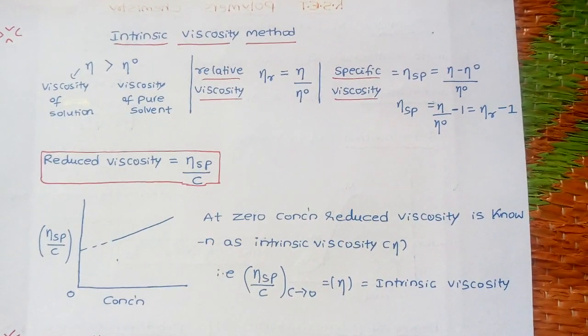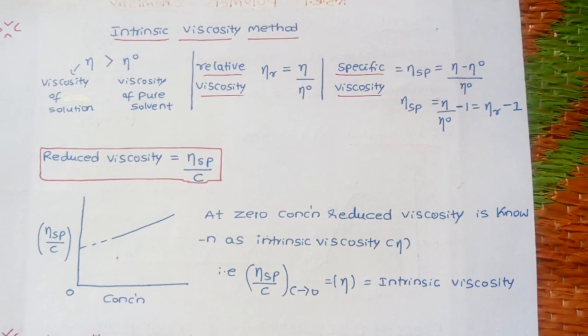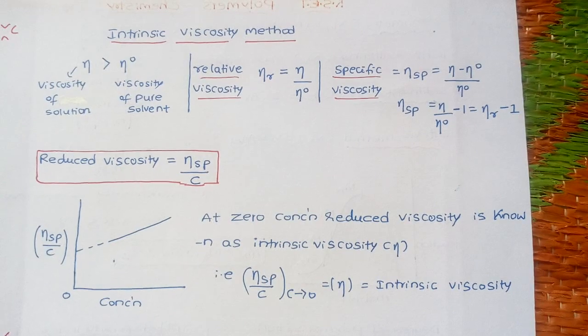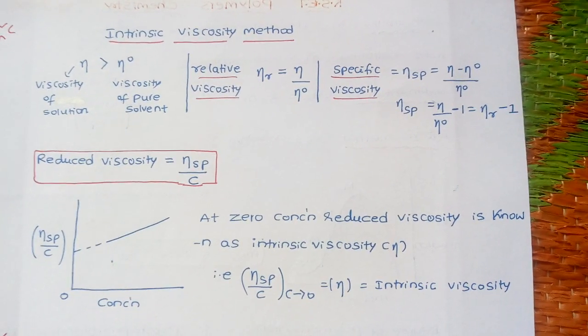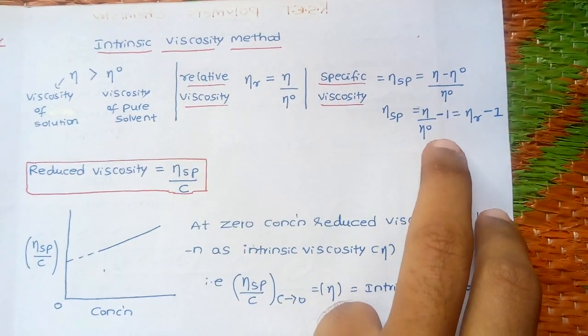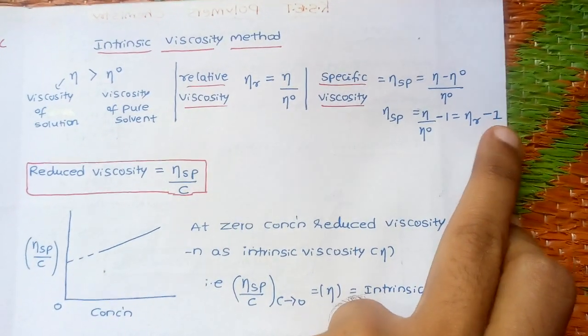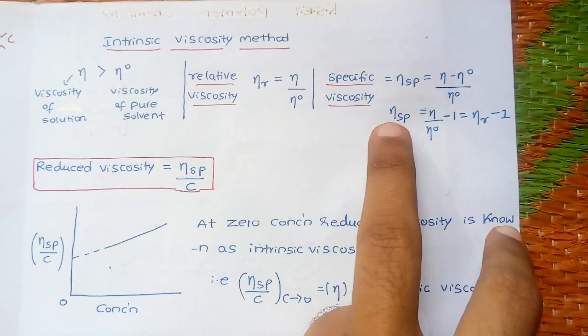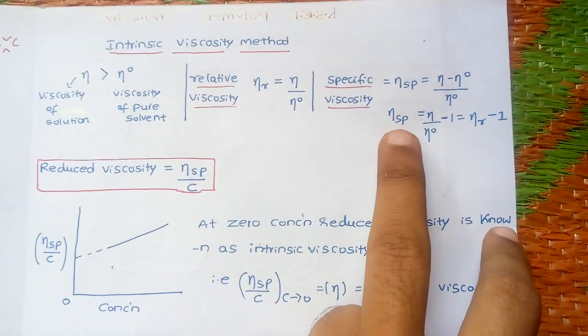Specific viscosity is the difference of viscosity of solution and pure solvent divided by viscosity of the pure solvent. On dividing, we get eta r minus 1, that is relative viscosity minus 1, which gives the specific viscosity.